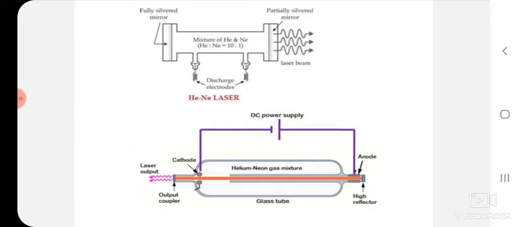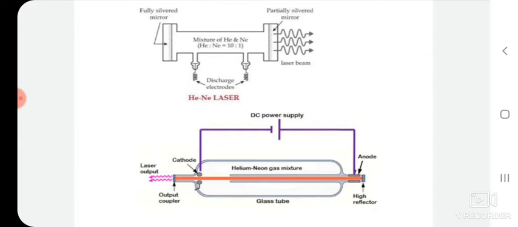Now next, how laser output can occur in this helium neon gas, that we have to discuss with the help of an energy diagram. So the common helium neon gas laser achieves population inversion in a different way.